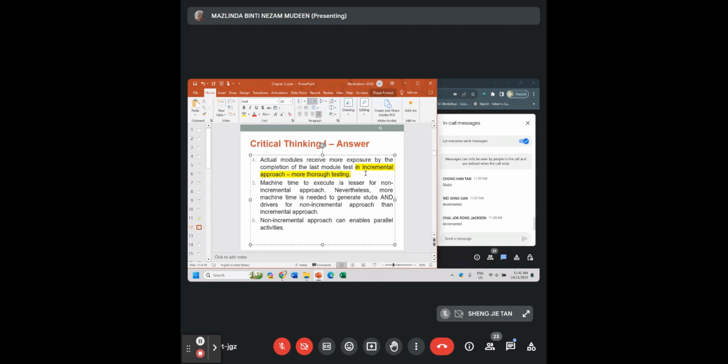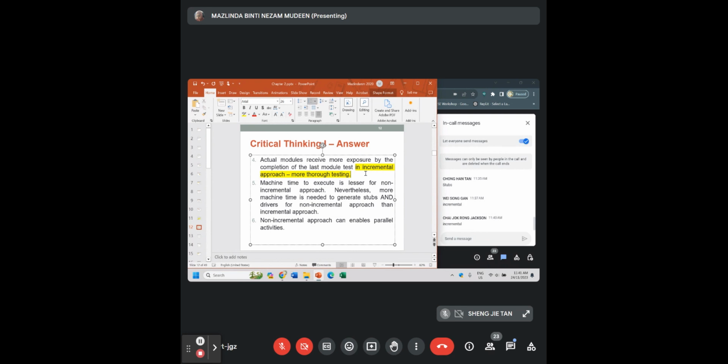Every time the module is integrated with another module, it will be tested again and again. So the first started module will be tested multiple times until we combine with the last module of the hierarchy. So in that case, the module has better quality when it goes through many rounds of testing.